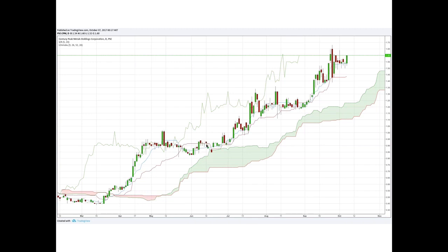Hindi ka pa ba convinced? Tenkan-sen, Kijun, tsaka Kuhmo, nandito na lahat. There's less likely na malulugi ka because there's strong support at this area. Kasi dito, pwedeng hindi ka pa convinced dahil ang nipis pa ng Kuhmo, tapos may flat Kuhmo dito, pwede pang bumaba, tapos the trend can still reverse, diba?